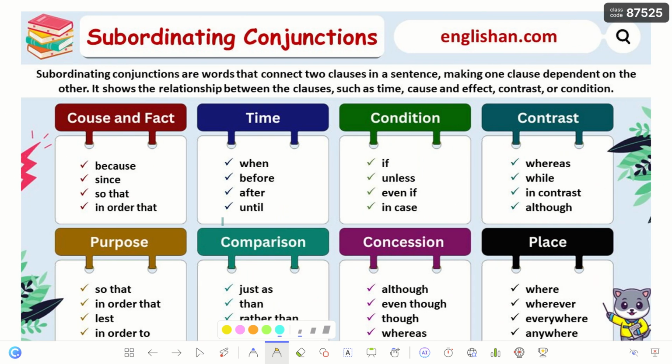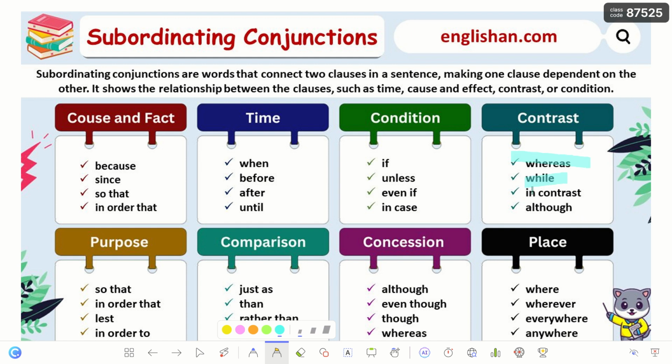What other types of subordinating conjunctions do we have? We have different functions of them. And we have different words that go under each category. But here we are focusing on contrasting, whereas, while, and whilst. Okay?